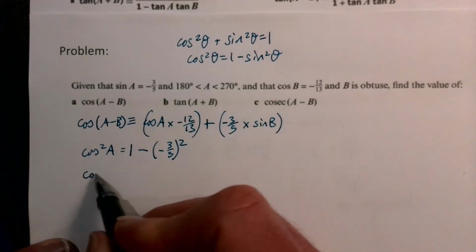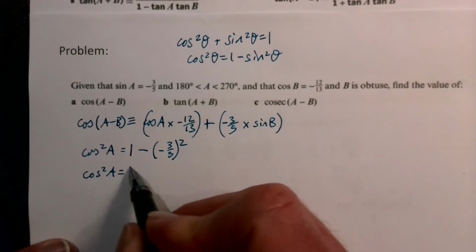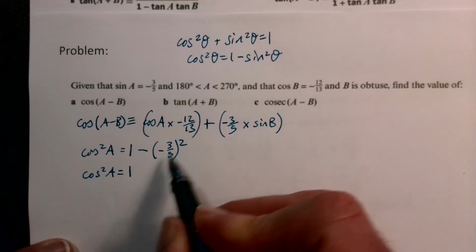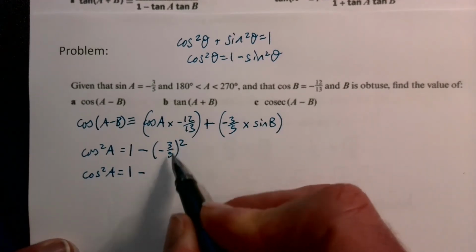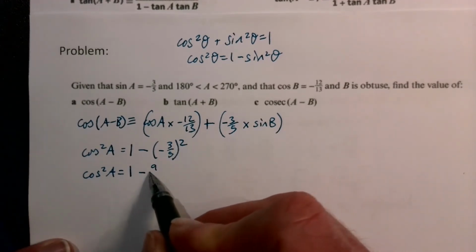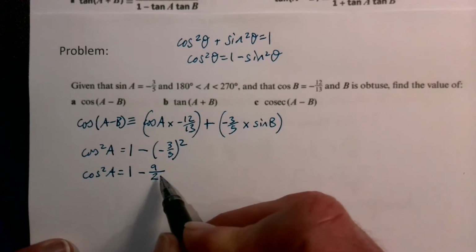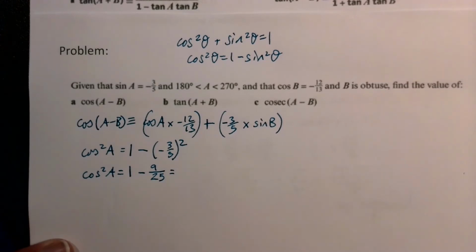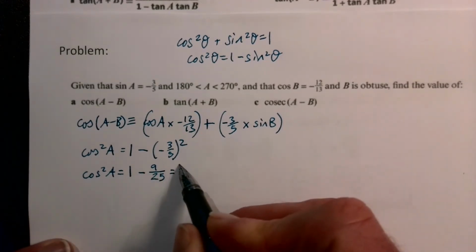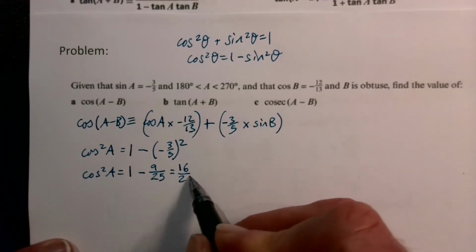So that means that cos squared A is going to be 1 take 3/5 squared, which is 9 over 25. And that's quite nice, because 25 take 9 is 16, so that's going to give us 16/25.